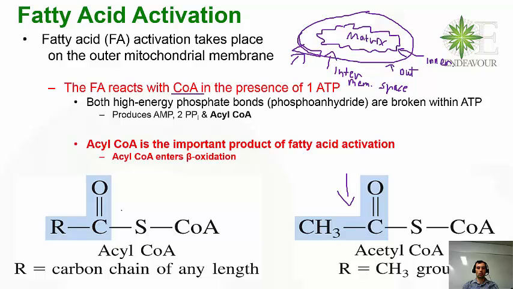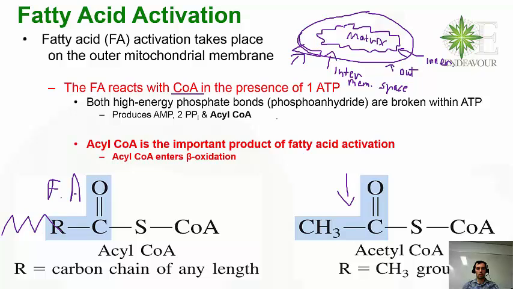We actually want to attach a CoA to the fatty acid, which we see represented in blue here as the carbonyl group connected to a long group of carbons and hydrogens, which we have on our fatty acid, represented as R here. So we want to attach our fatty acid to the CoA because this is what we need to do to activate our fatty acid and actually start the process of beta oxidation. We need to do this.